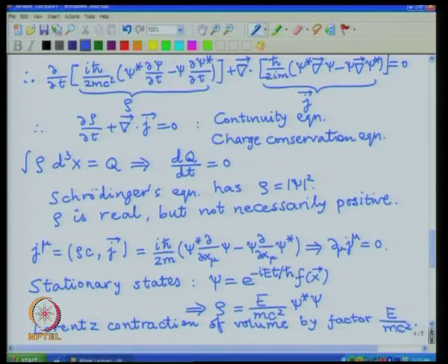What is happening in this particular case is that the total integral, which defines the number or q, does not change. The volume factor d cube x shrinks by this particular factor. The density therefore increases by the same factor, and density times the volume remains invariant. So, we have a simple understanding of why rho changes under Lorentz transformation for this particular type of stationary states.